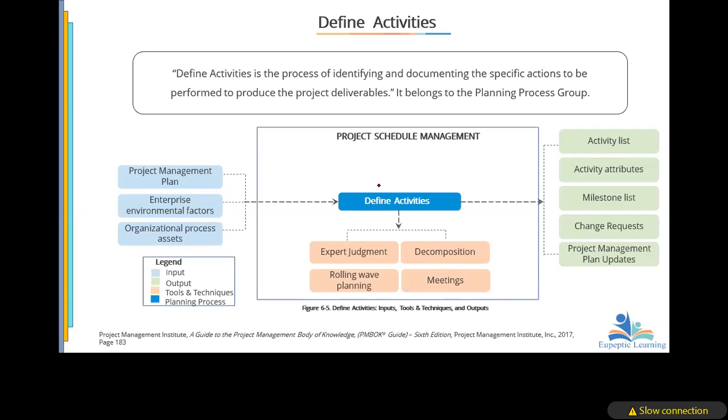We just noticed that there's something that we should have added that was not added at the scope level. You understand? And therefore, these three baselines, if you want to make any change to them, it has to go through integrated change control. So a change request is submitted.